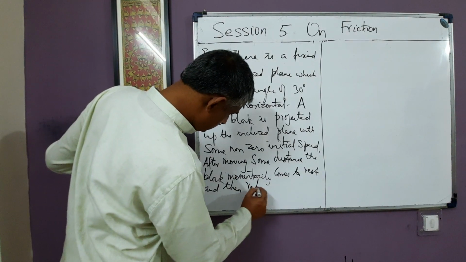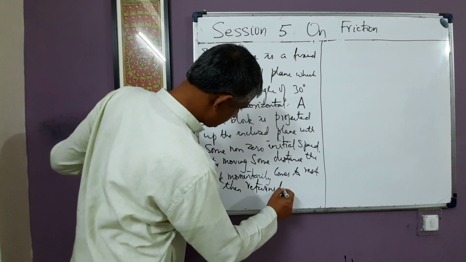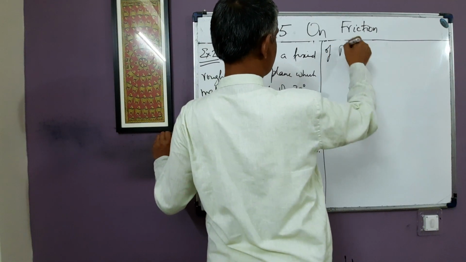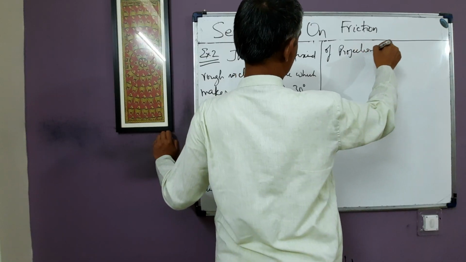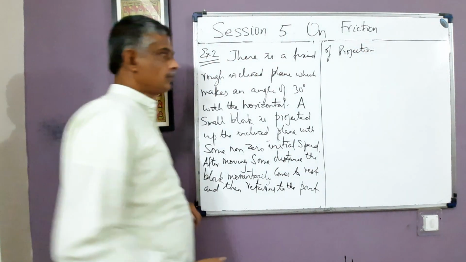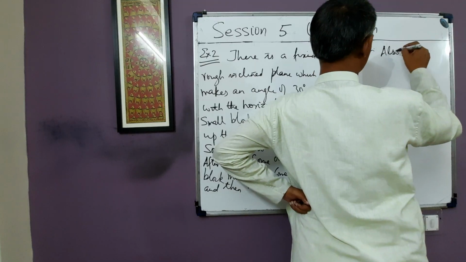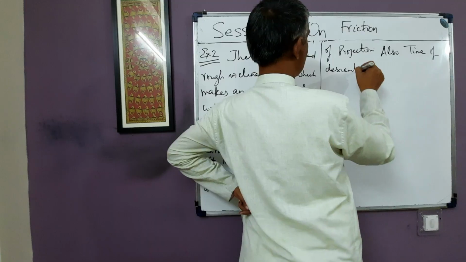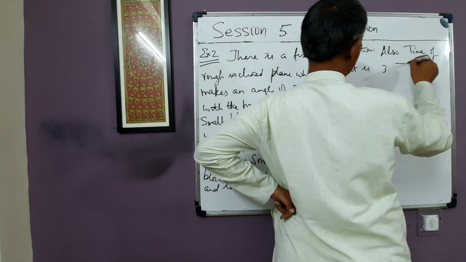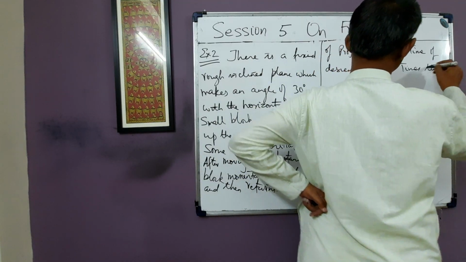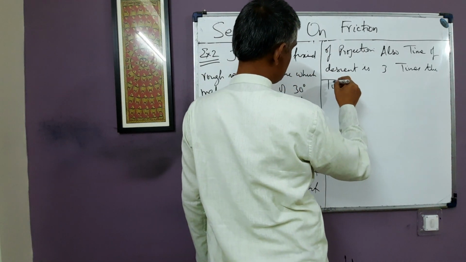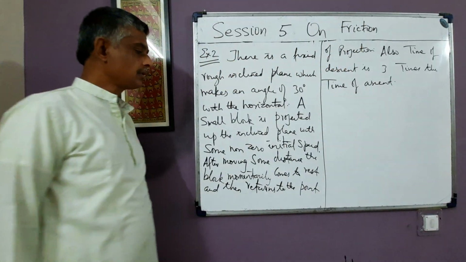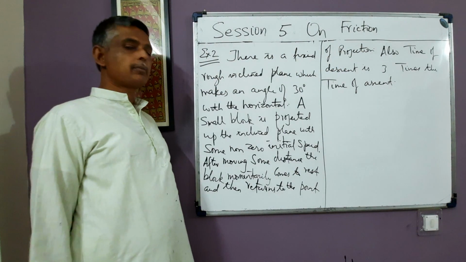Also, the time of descent is 3 times the time of ascent. The question is, find the friction coefficient between the block and the inclined plane.